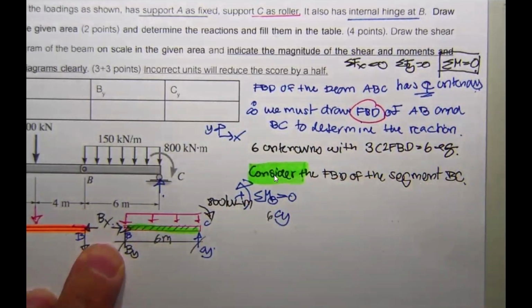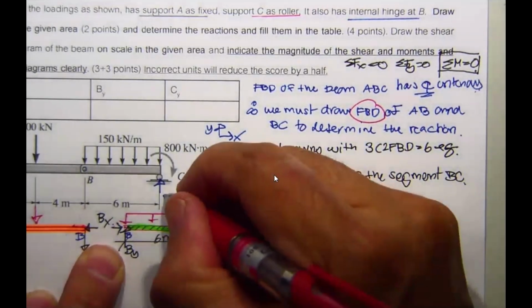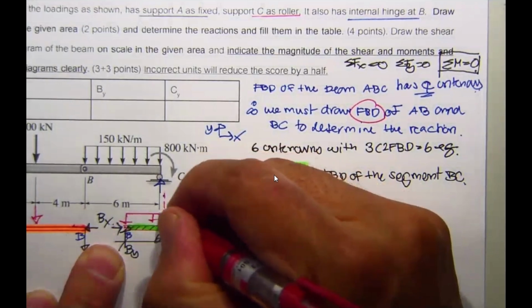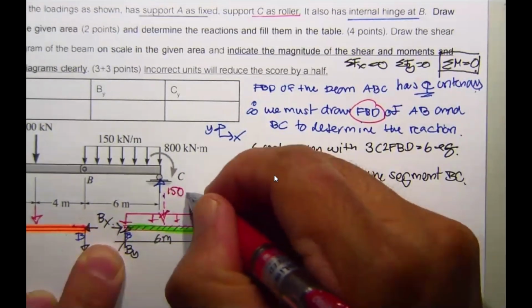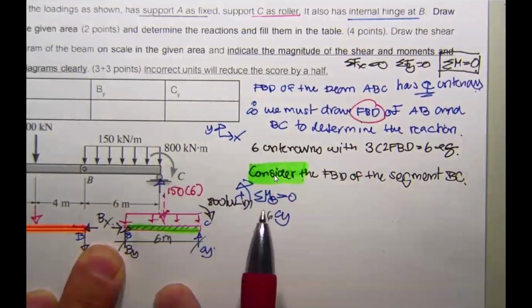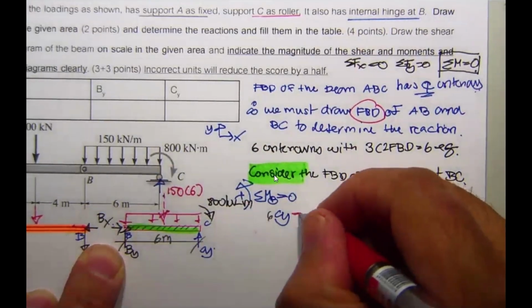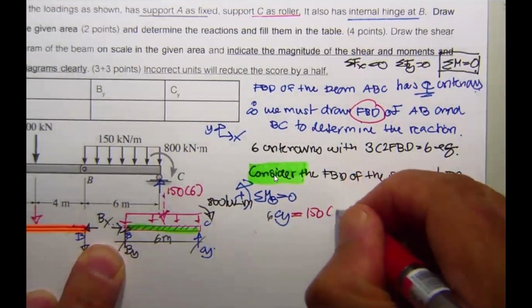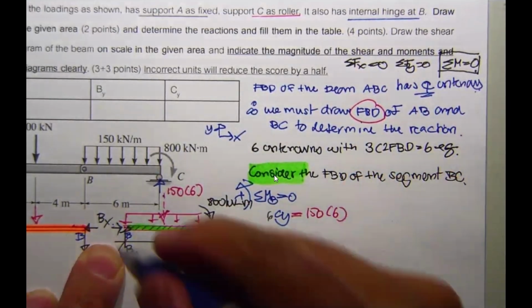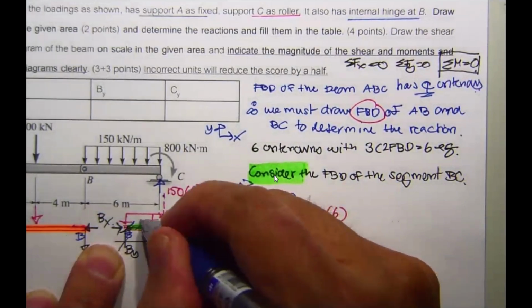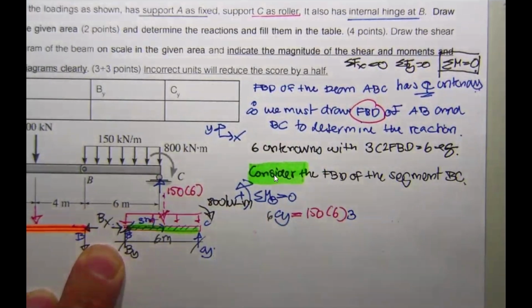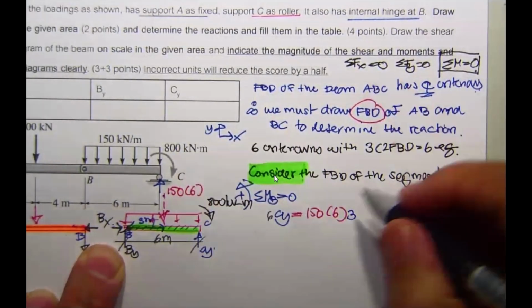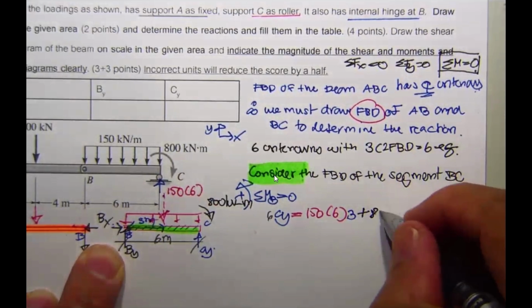Then you also have 800 in the opposite direction, and the resultant force of this one is 150 times 6, rotating in the opposite direction, equal to 150 times 6 with a moment arm of 3 meters, and this one rotates in the same direction as this one, plus 800.